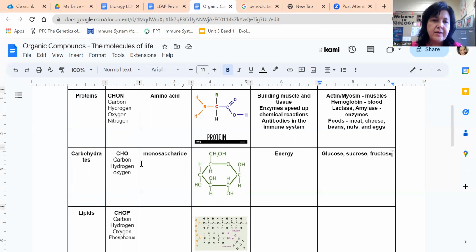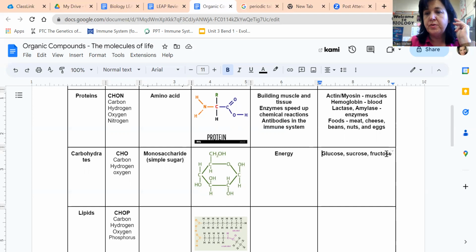So another word for monosaccharide, I want to come back over here and add this so that you will recognize it if you see it. It's also called a simple sugar. Okay. So glucose, sucrose, fructose are examples.